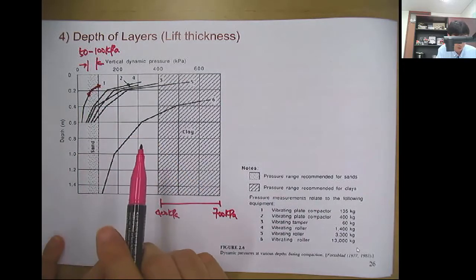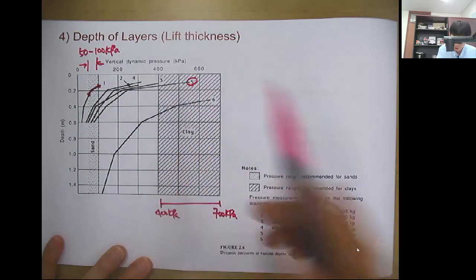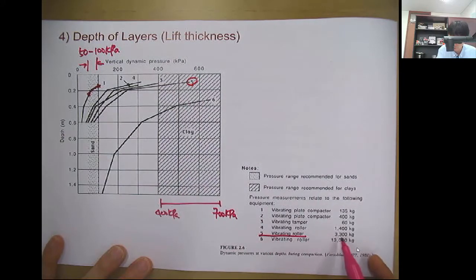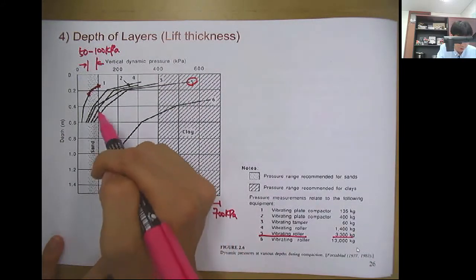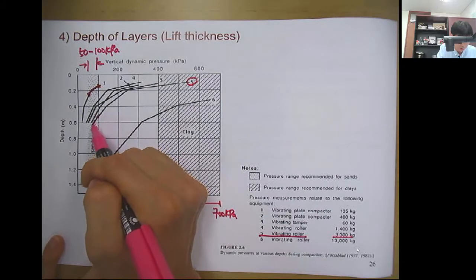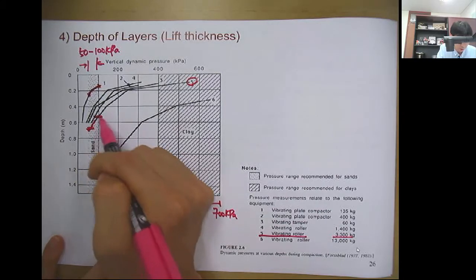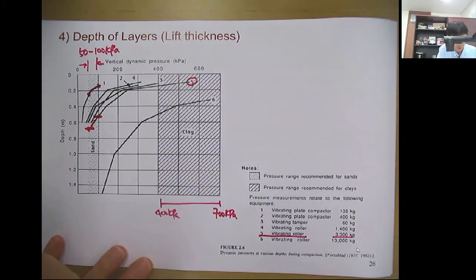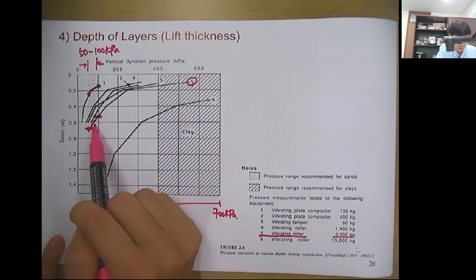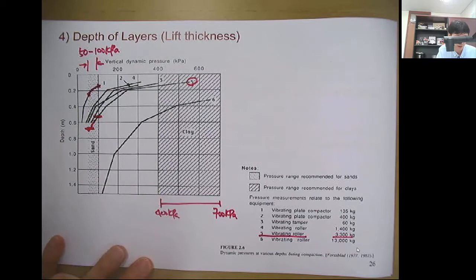But let's say compactor 5. Compactor 5 is a vibrating roller with 3.3 ton. Then the lift thickness with this equipment can be as high as 60 centimeter.